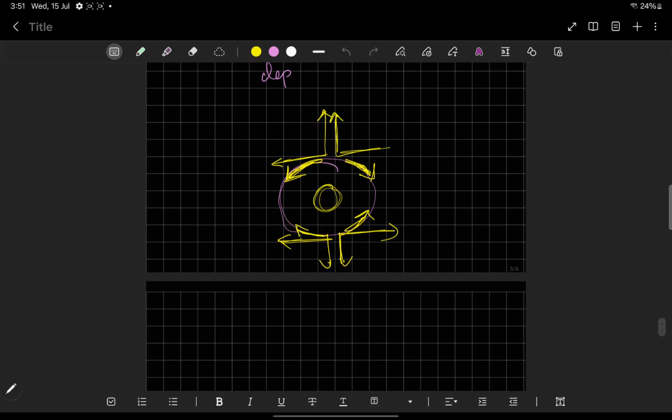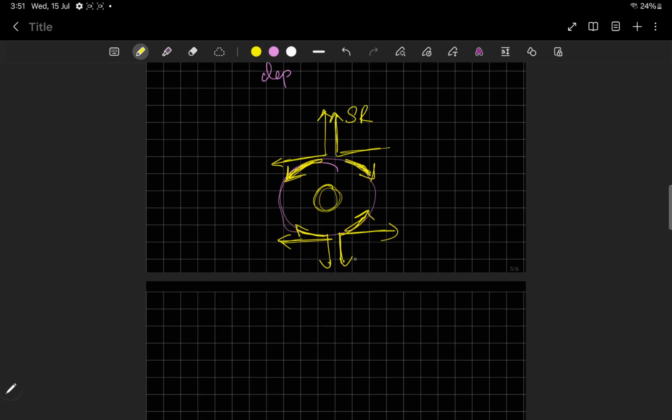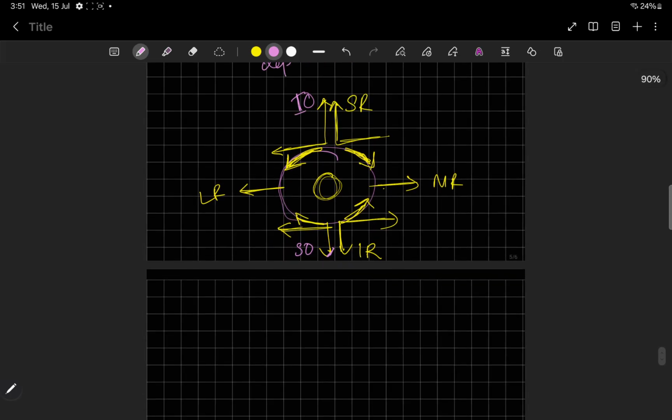This is superior rectus, third inferior rectus. This is medial rectus and this is lateral rectus, and this is inferior oblique and this is superior oblique. So there is a change in the direction. Inferior oblique is on the upper side and the superior oblique is on the lower side. So remember that. So we can take the actions of each muscle one by one.